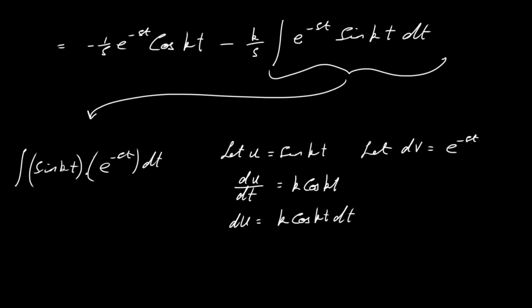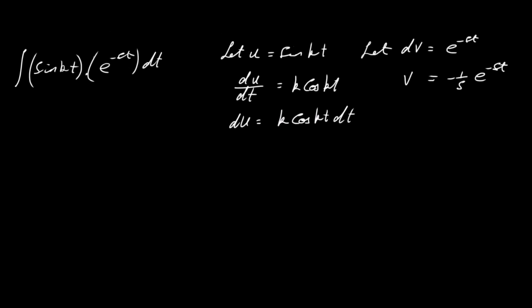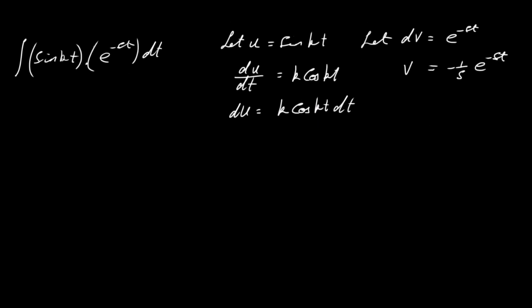Let's integrate both sides here. So we'll get v here, and over here again we'll get minus 1 over s e to the power of minus st. Okay, so let's just substitute these in. Again, here we have the integral of sine kt times e to the power minus st dt is equal to u times v.